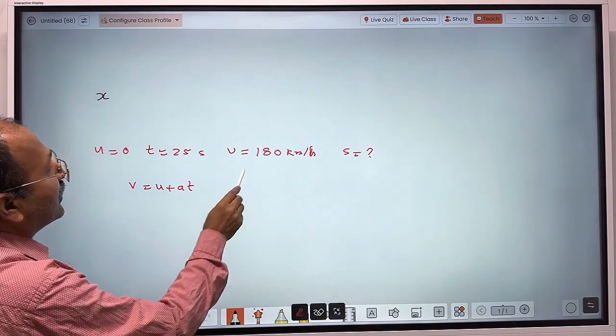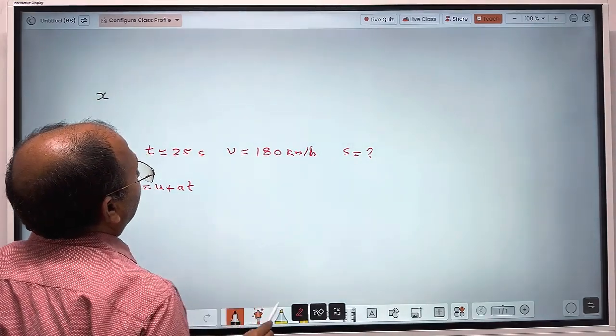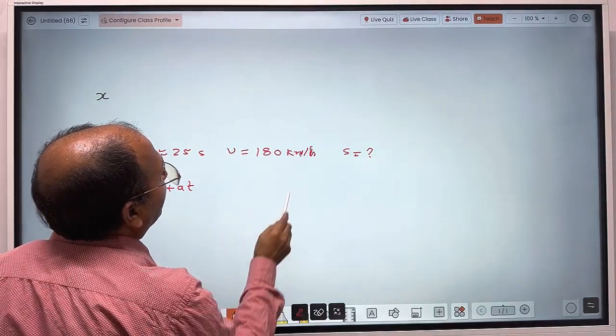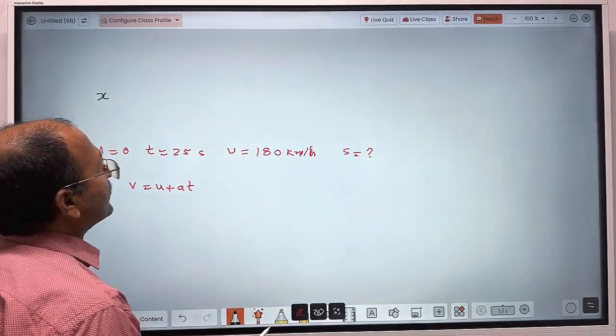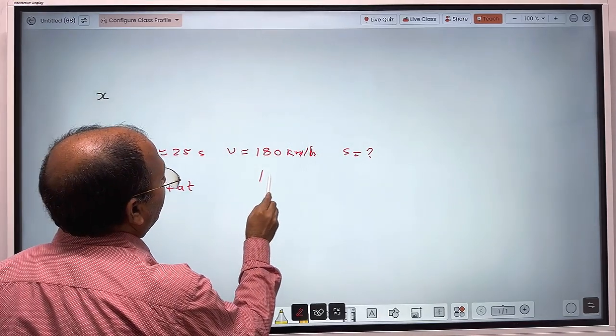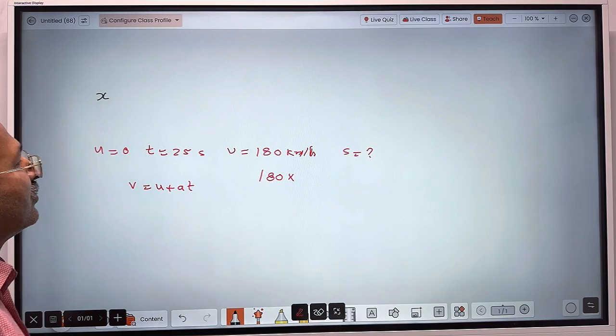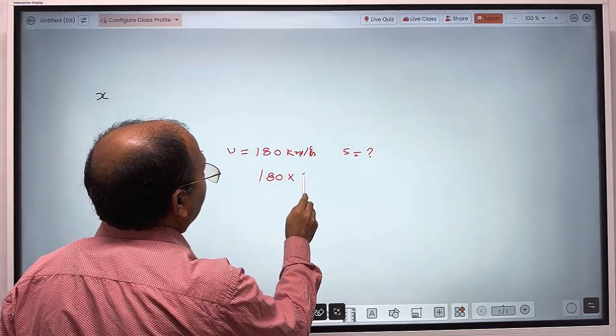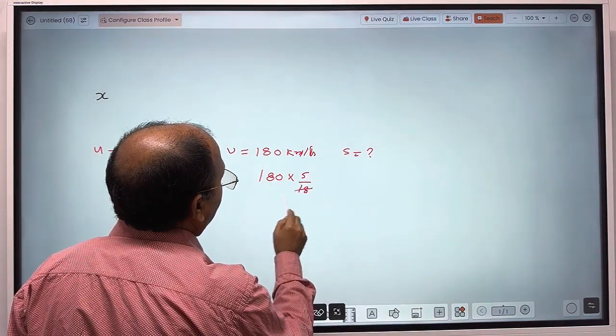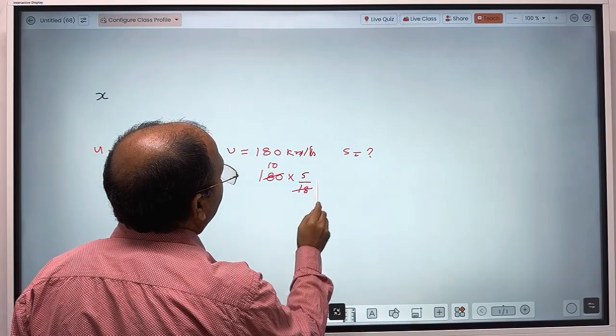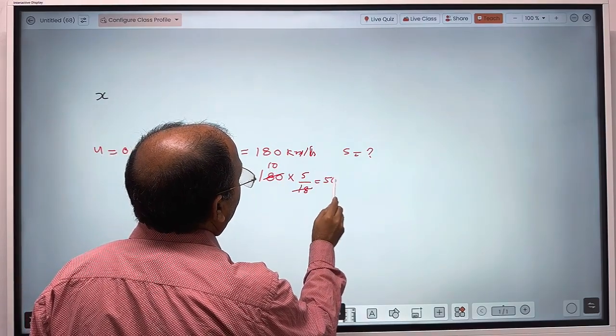But one thing, here v is given in units of kilometer per hour, so you have to convert it into meter per second. If you remember, to convert kilometer per hour into meter per second, we multiply by 5 by 18, and 18 10 times, so we will get 50 meter per second.